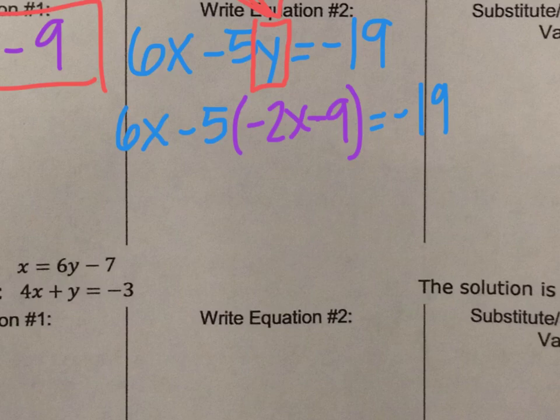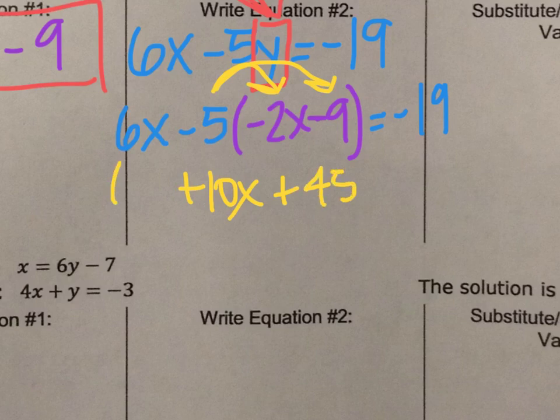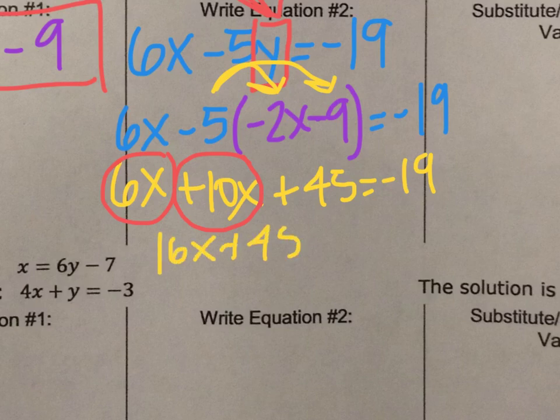First, let's get rid of the parentheses by distributing. Negative 5 times negative 2x is a positive 10x. Negative 5 times negative 9 is a positive 45. Bring down everything else. Then combine your like terms, and we get 16x plus 45 equals negative 19.